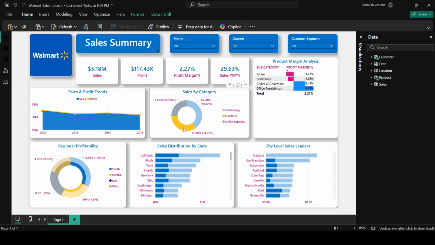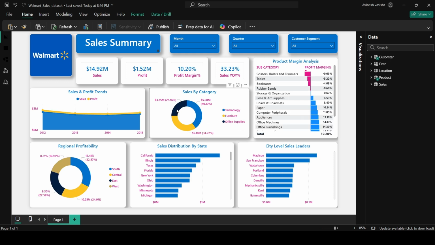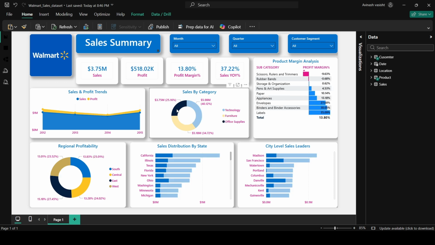But as we have seen from the furniture category, tables and bookcases are making a loss. And in office supplies, scissor, ruler, trimmer, and rubber band are loss-making subcategories.